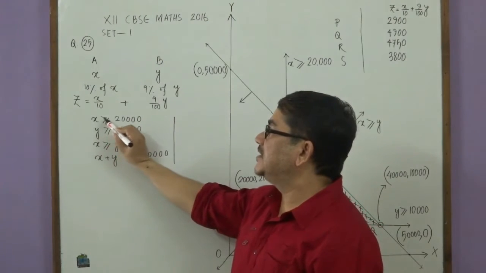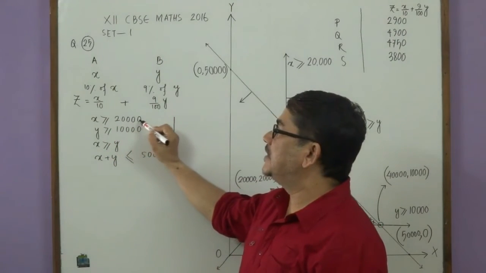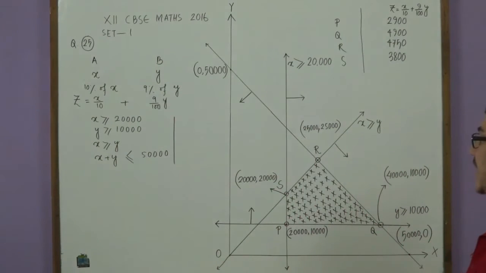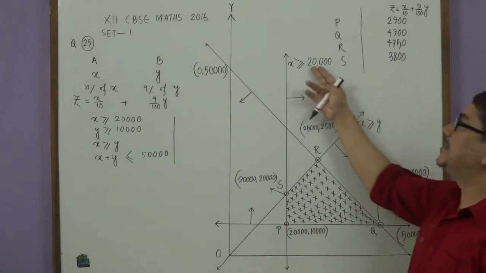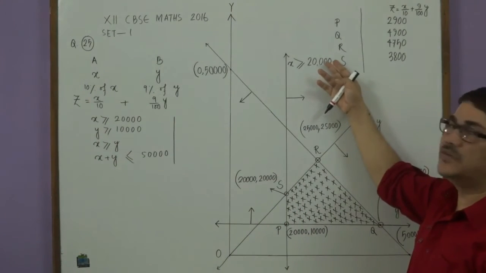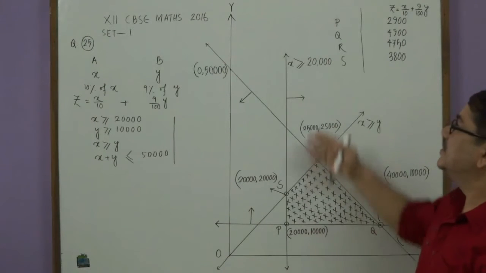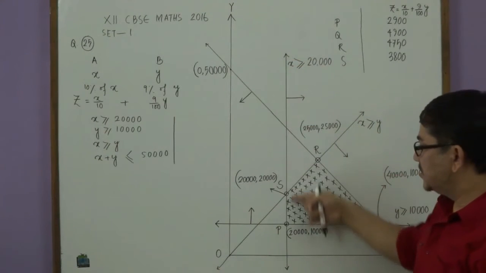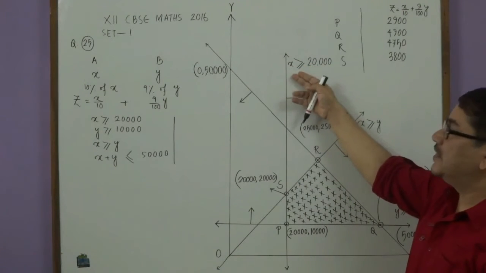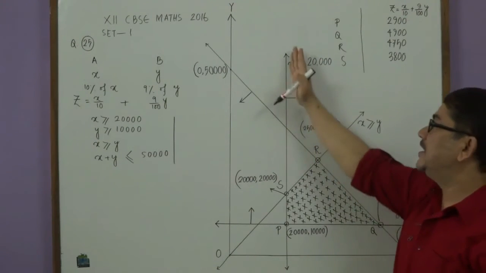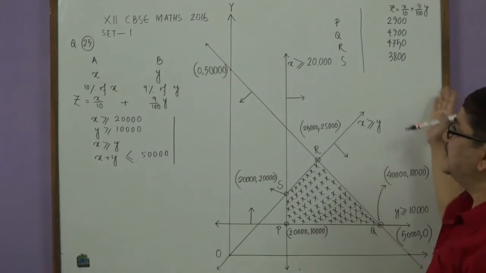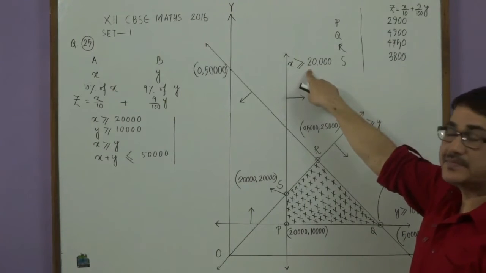First, X is greater than or equal to 20,000. Look at the graph here. In class 11th, you already read this, so we are not discussing in detail here. This is the line X equal to 20,000. So this line as well as the right hand side of this line represent this inequality.